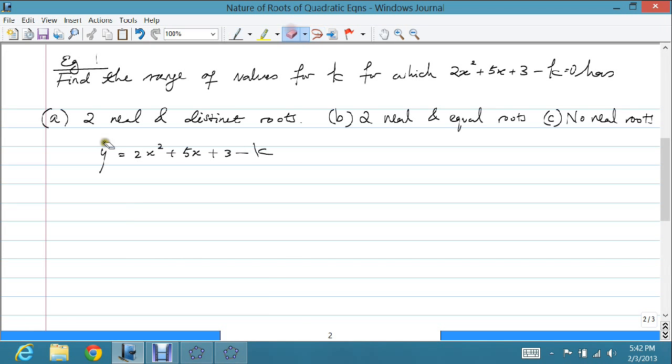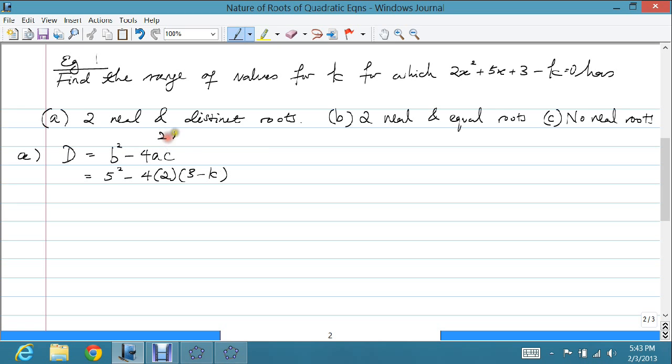Now coming back to this, all we need to do is to look at the discriminant. For this equation, the discriminant is given by b squared minus 4ac. So b squared is 5 squared, minus 4ac. c is 3 minus k. Since k is a constant, we view this as 2x squared plus 5x plus 3 minus k equals 0.